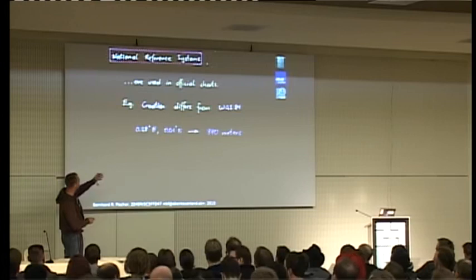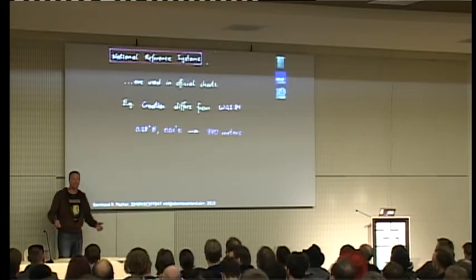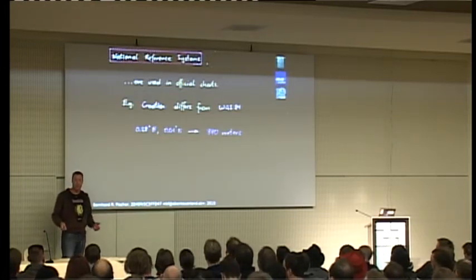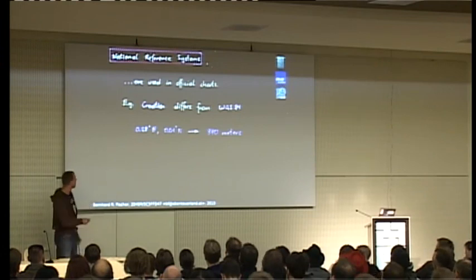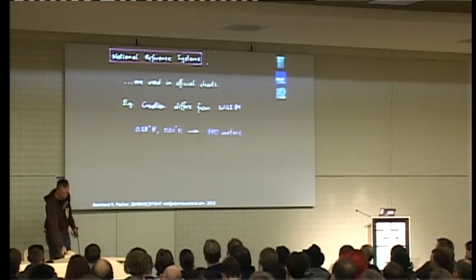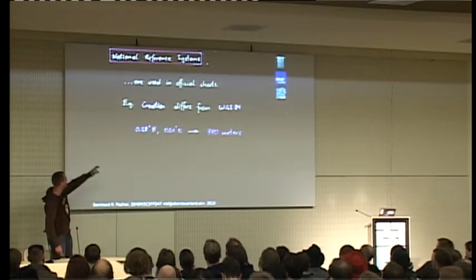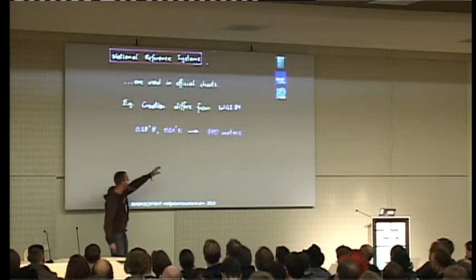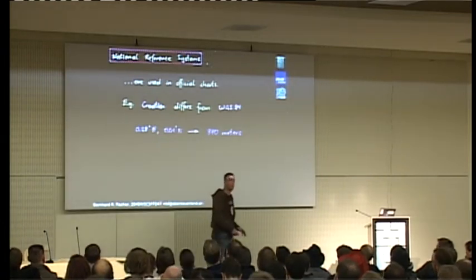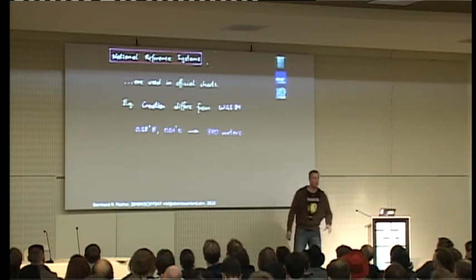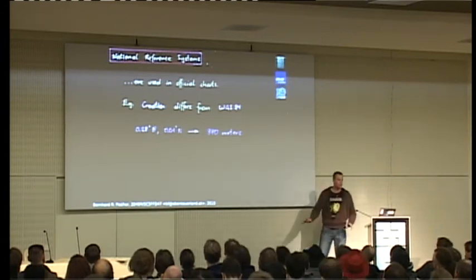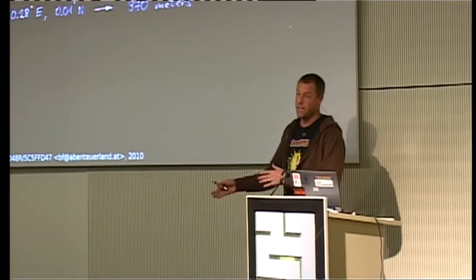Here I have an example. You may ask what actually the difference is, and the difference might be pretty large. For Croatia, that's this chart I have here, it's 1.28 degrees east, and if you calculate it, something like 370 meters. And that's pretty much. If there is a rock and I miss it, or I hit it, then it's bad.